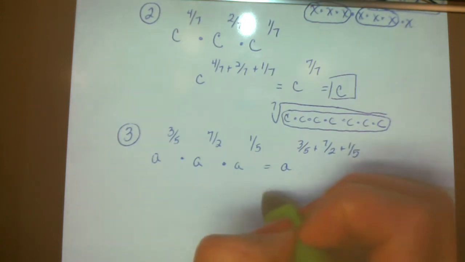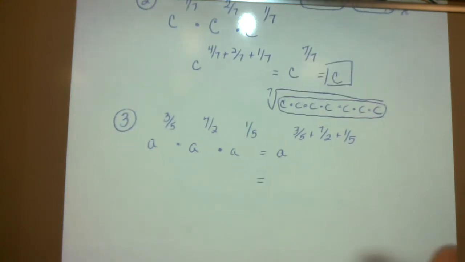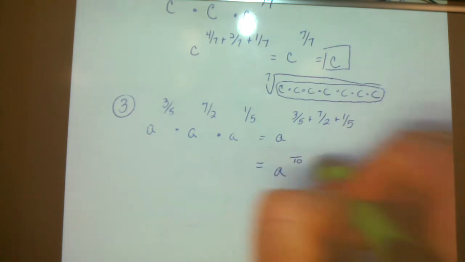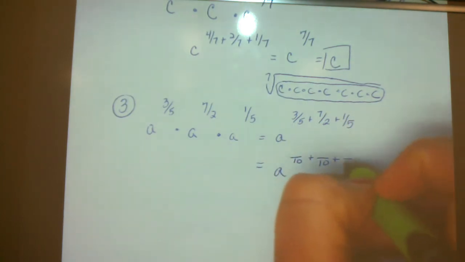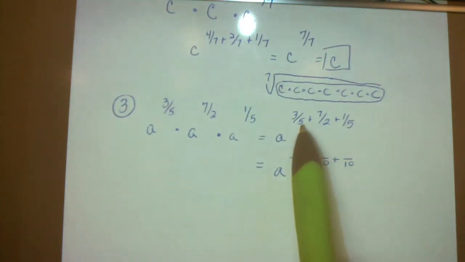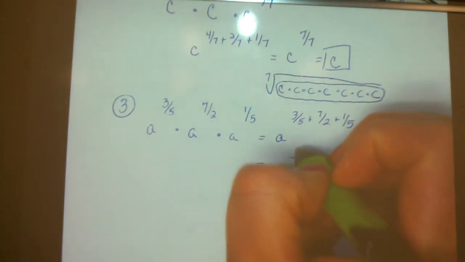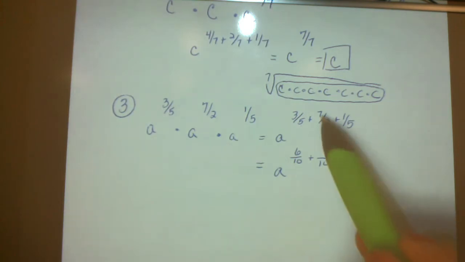All right, so the common denominator of 5 and 2 would be 10. It's the least common multiple of 5 and 2. So let's rewrite this with the denominator of 10. Now I need to say to myself, 5 times what gives us 10? 5 times 2, that means I've got to take that 2 and multiply it to the 3, which gives us 6. 2 times 5 gives us 10.